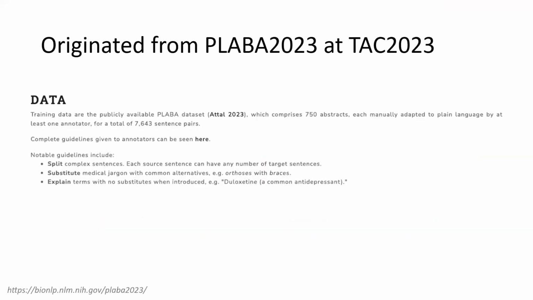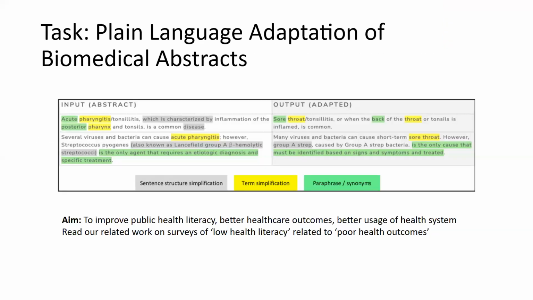Maybe you can give us a few more examples, just for everyone, maybe read them. You also see that, for example, for sentence structure simplification, we remove some information in parentheses in the second example. For terms, can you read out one of your simplified abstracts?